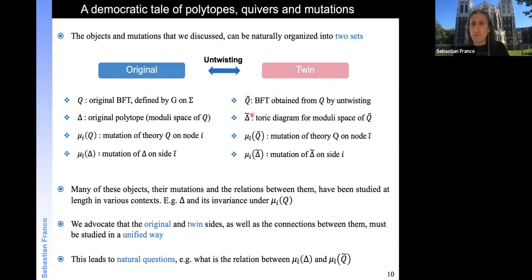Actually, if you look at many of Ami's papers, my paper, many of these ideas have been inspired by those early papers, so they have been floating around. And I think that at that point, we had an incomplete understanding. First of all, there were no dimers at the time, so the role of untwisting was totally not there. And if you think about reflexive polytopes, these polytopes that have only a single point inside, the dual is also reflexive, right?